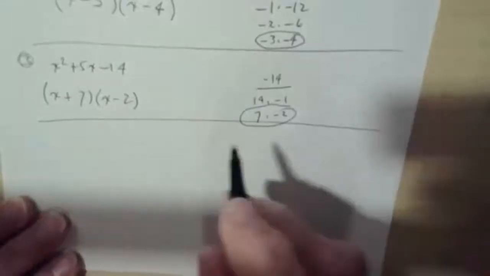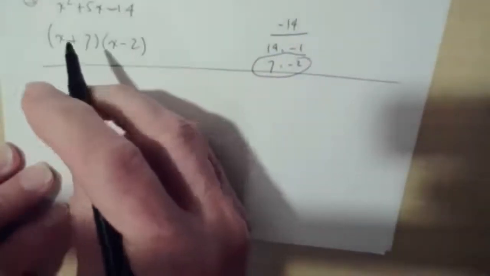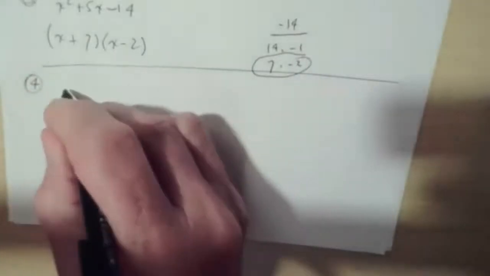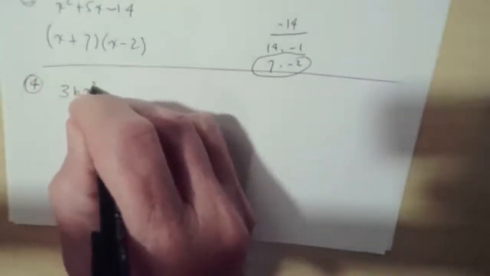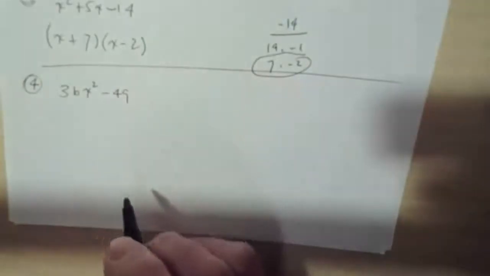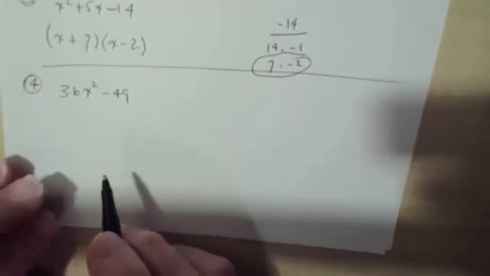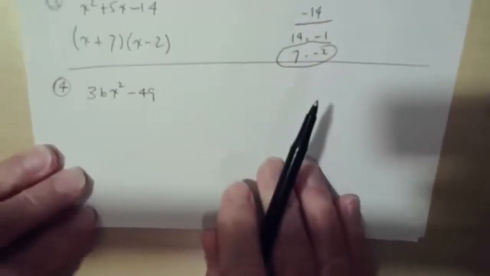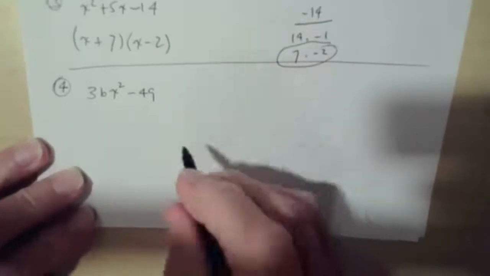Number 4, 36x squared minus 49. Okay, what do we have here? We have the difference of 2 squares. And what is that? That's a conjugate, right? Right.